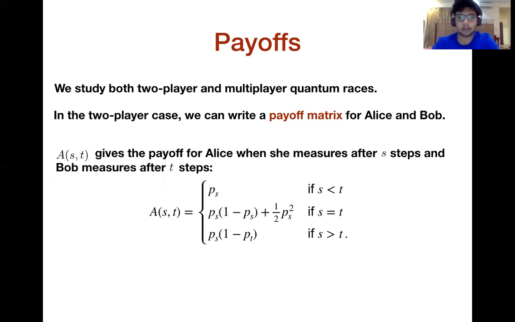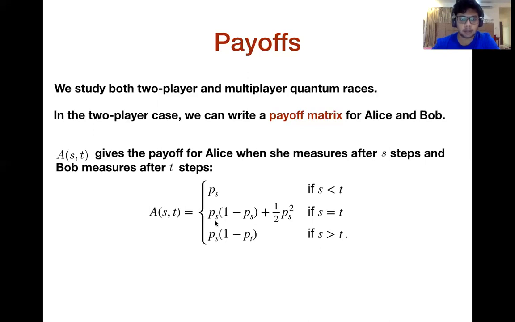But suppose Alice measures after Bob. In this case, Alice not only needs to win, but also requires that Bob has to lose, which happens with probability 1 minus PT. Now, when Alice and Bob play at the same time, then two things can happen.